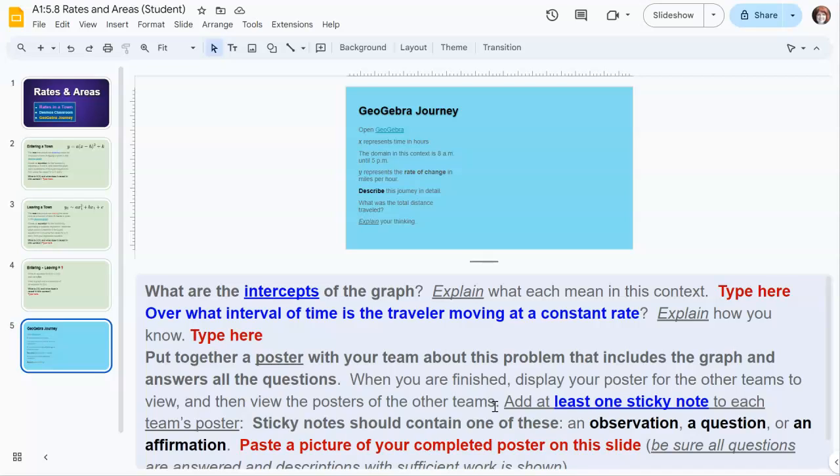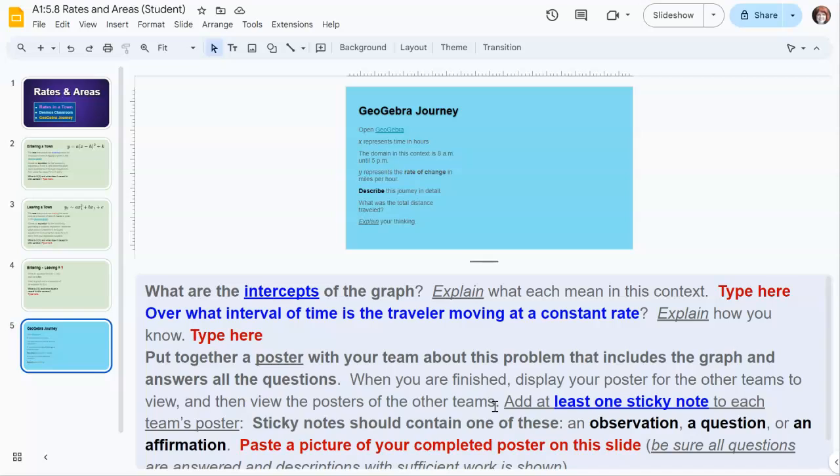A question, maybe they don't understand what that team did or why they did a certain thing the way they did it. So ask a question. And then an affirmation. So something you really liked or enjoyed seeing, something good, something positive. But it has to be mathematics. It can't just be you guys are great. It needs to be about the actual task.